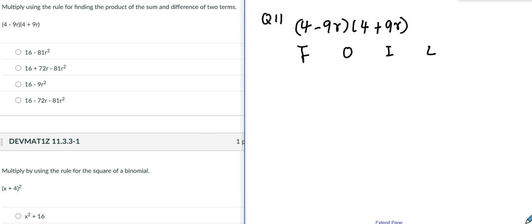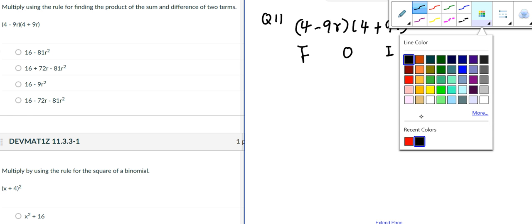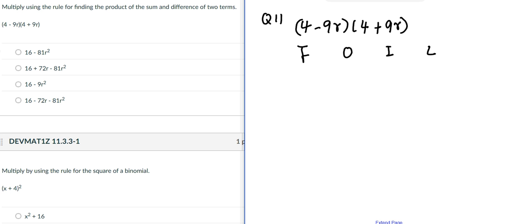Now, let's look at question 1 here. 4 minus 9r times 4 plus 9r. Previously, we said we got to use the FOIL method, and we know the first term, we can see here, 4, 4, and the last term, 9r, are the same.